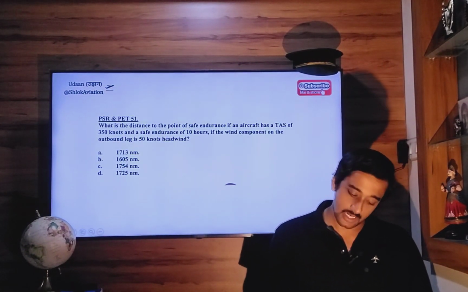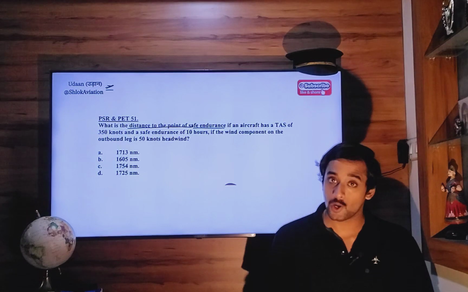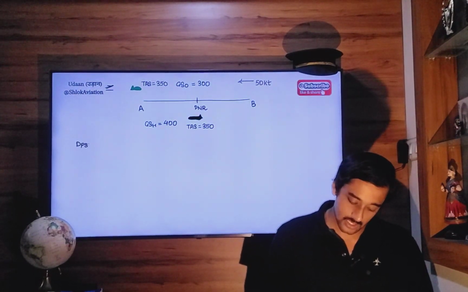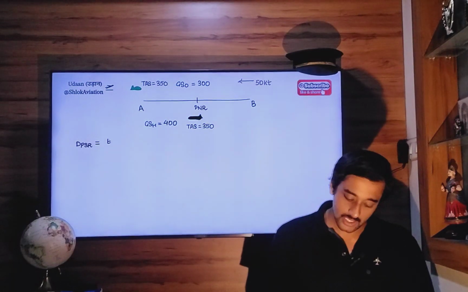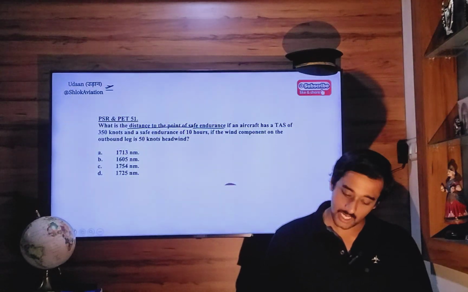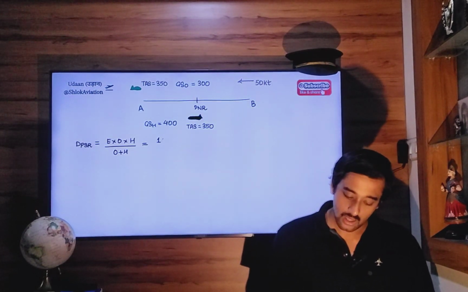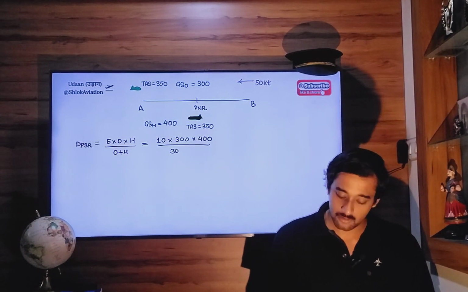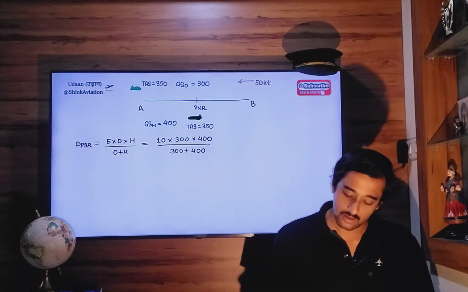Now we have to find the distance to the point of safe endurance. So distance to the point of safe endurance is endurance into outbound into homebound divided by outbound plus homebound. What is endurance? 10 hours. Outbound speed 300. Homebound speed 400. Divided by 300 plus 400.